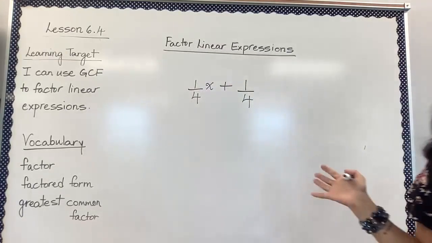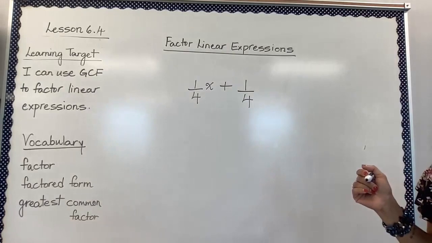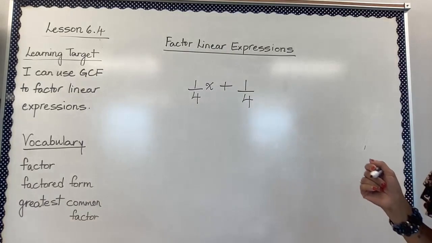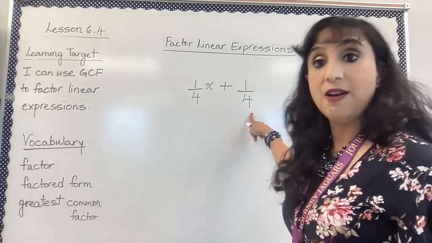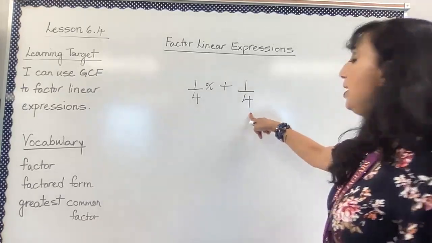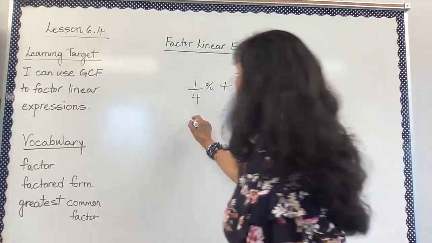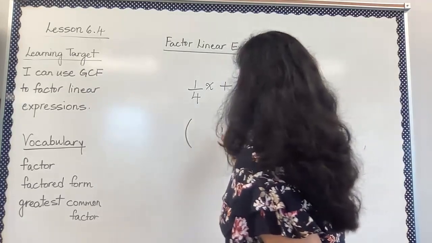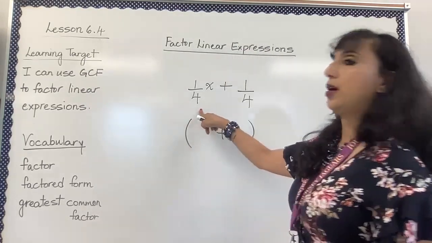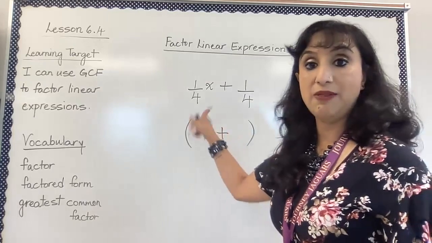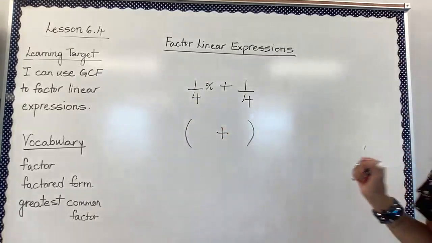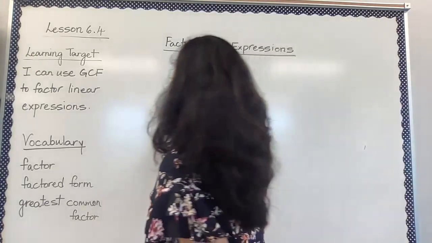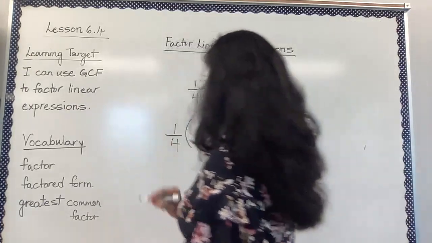Let's look at this and see what could be common. If I look at 1/4 and 1/4, that's the common factor right there. I'm going to rewrite it with the plus in the middle, and put the greatest common factor outside the parentheses. I can see that my greatest common factor is 1/4.